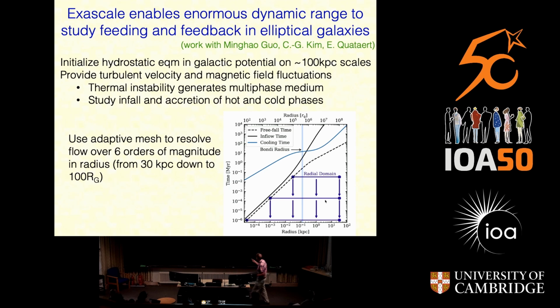And you use the zoom-in technique where you start with a box which only resolves the outer scales to begin with, and as time goes by, you move the inner boundary into smaller and smaller scales to resolve smaller and smaller features, and you can go to within 2 orders of magnitude of the horizon, basically, from 30 kiloparsecs down to 100 RG.